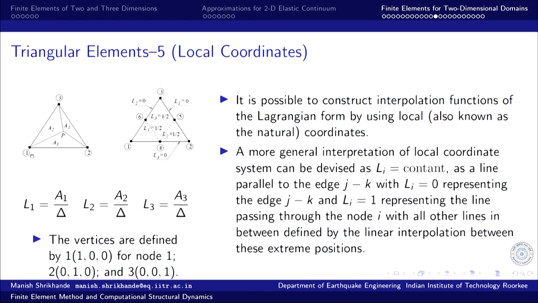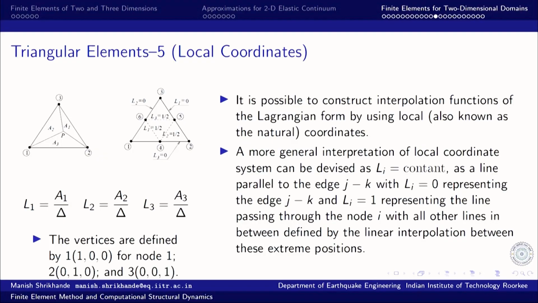Similarly, L2 becomes the interpolation function for node 2, and L3 becomes the interpolation function for node 3, for the 3 noded constant strain triangle. And if we work out these expressions, we will find that they are exactly identical to the expressions we derived earlier using the method of polynomial approximation, calculating the inverse and enforcing the interpolation criteria.